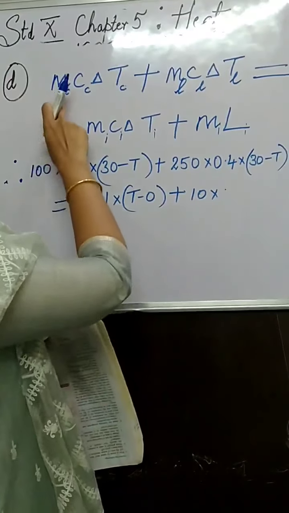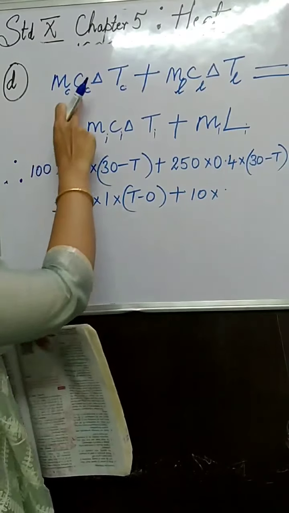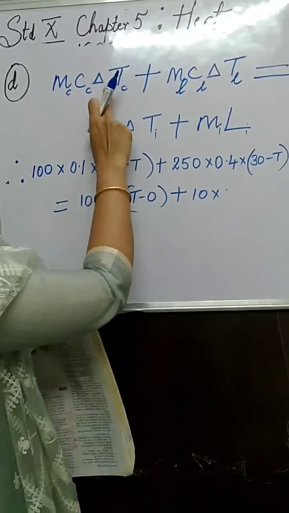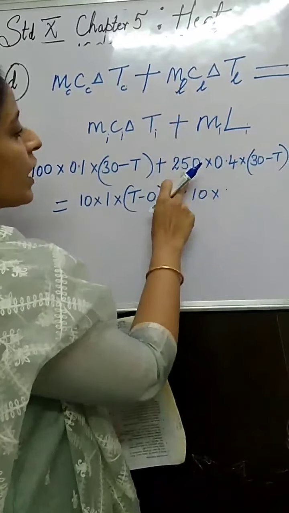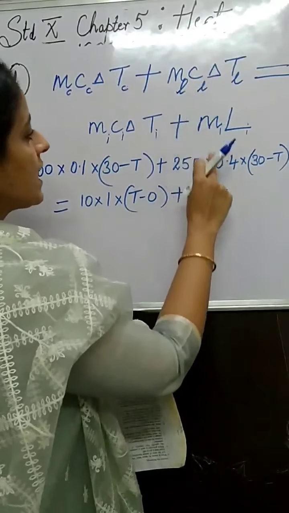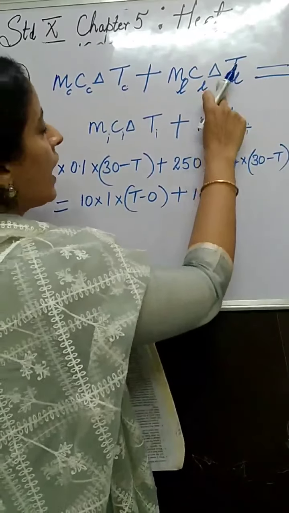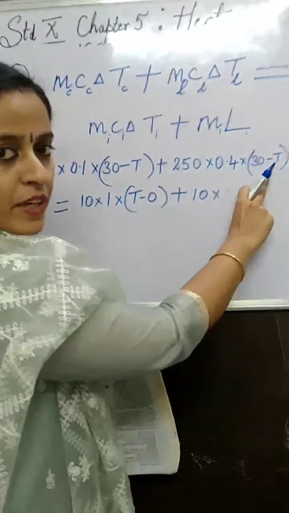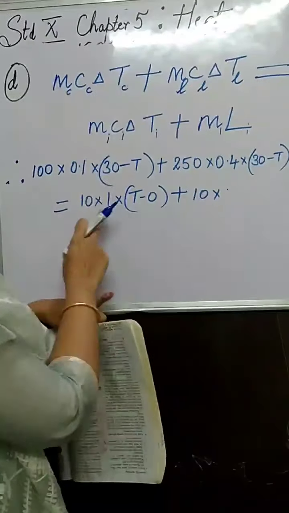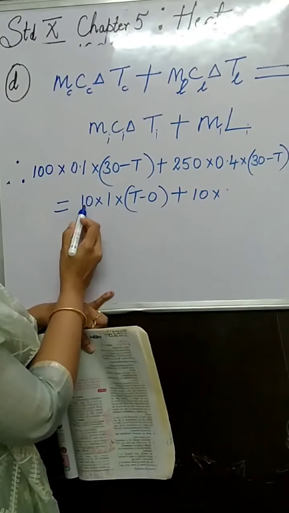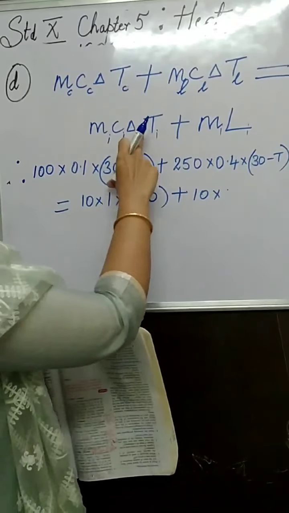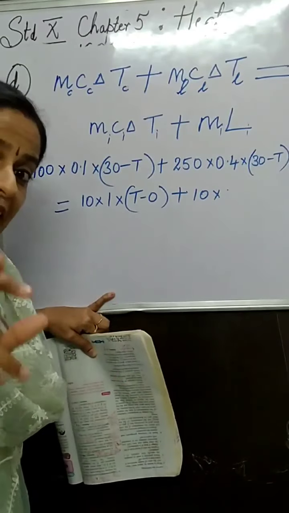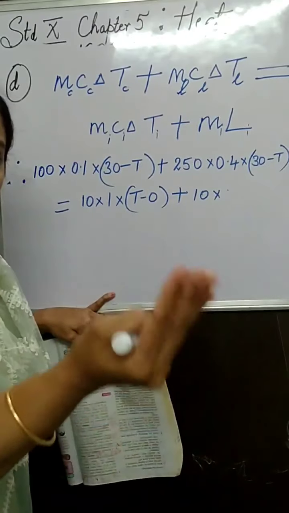Now here mass of the calorimeter 100, specific heat capacity 0.1, delta T is 30 minus T, plus mass of the liquid is 250, C specific heat is 0.4 and delta T will be the same, 30 minus T, is equal to mass of the ice is 10, specific heat of ice water is 1, delta T will be T minus 0 because ice is going to absorb heat.